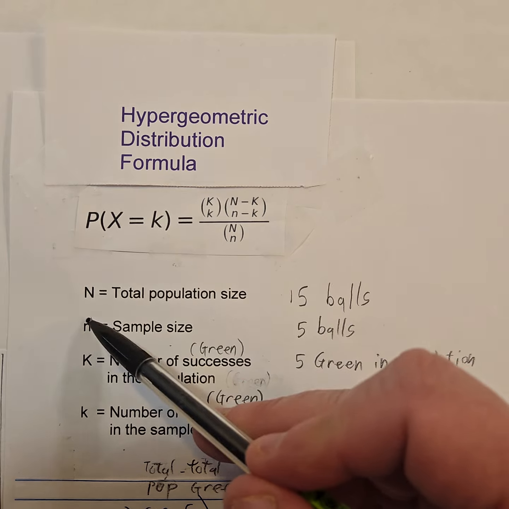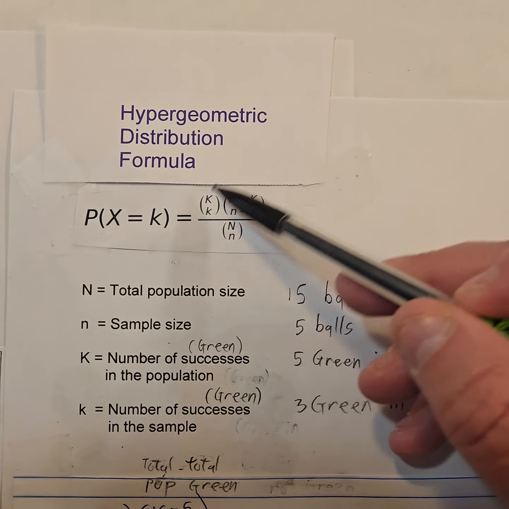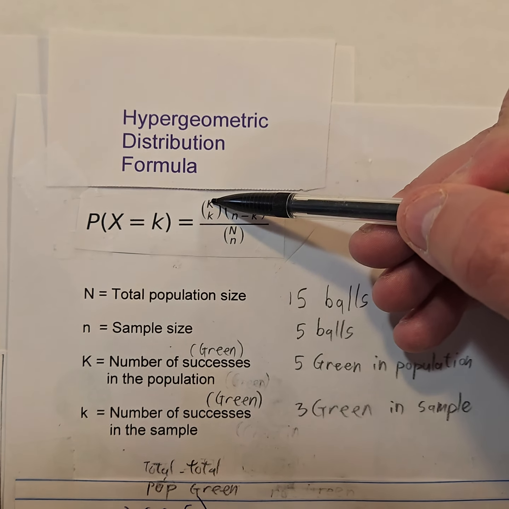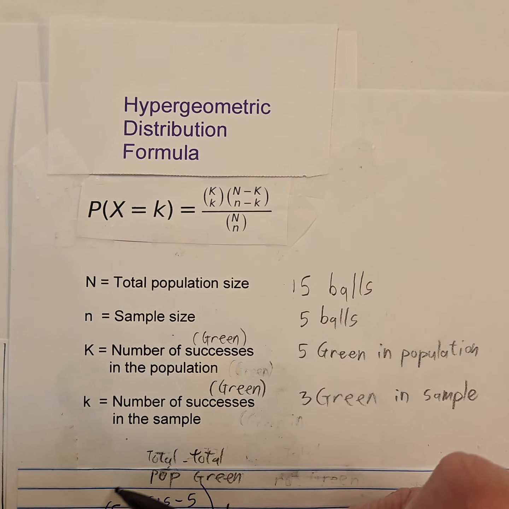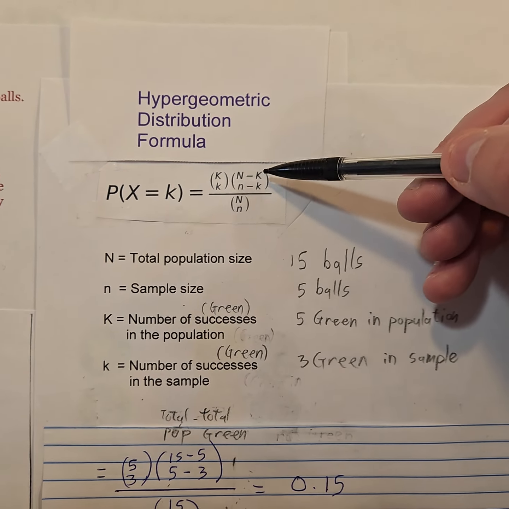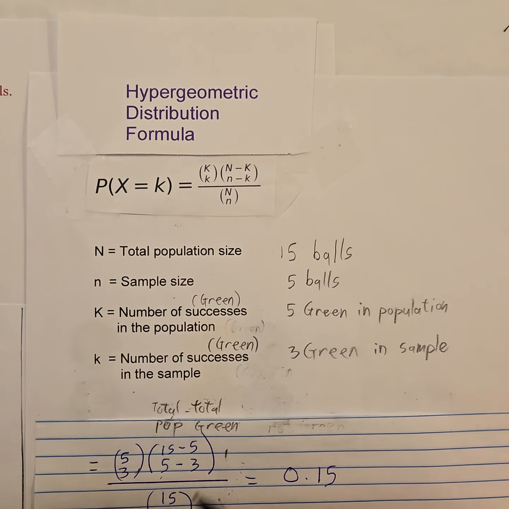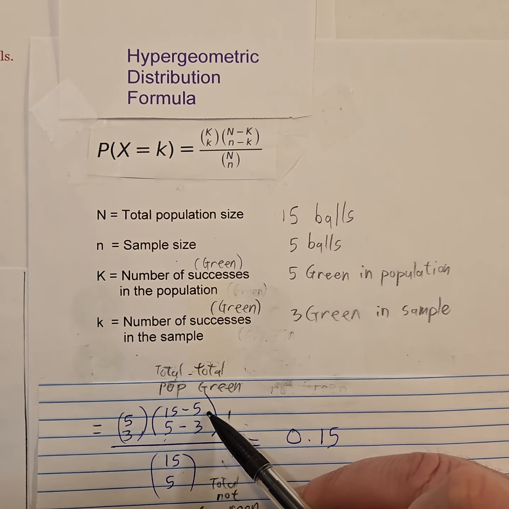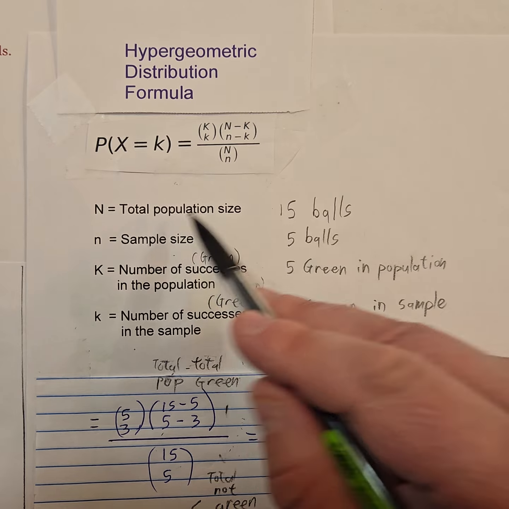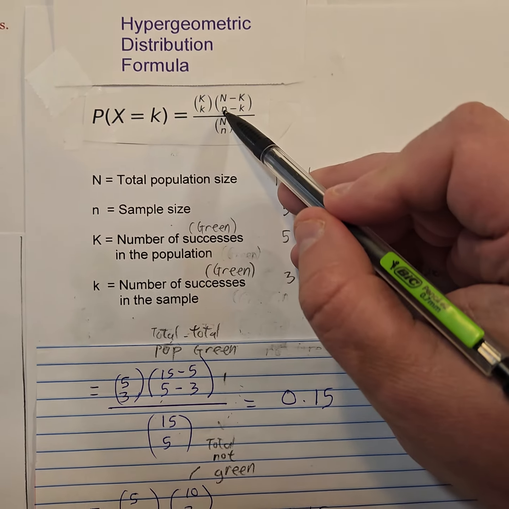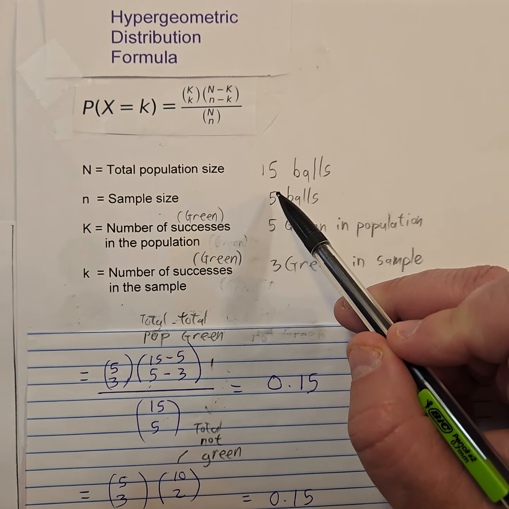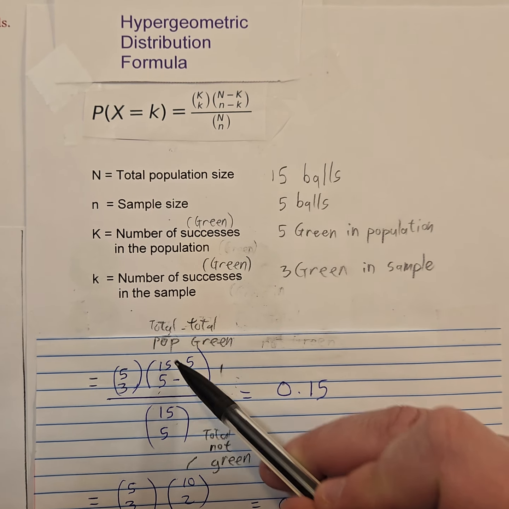So we just plug these numbers into this formula. See this big K on top, small k at the bottom: big 5, 3. Big N minus big K: 15 minus 5. Small n minus small k is 5 minus 3.